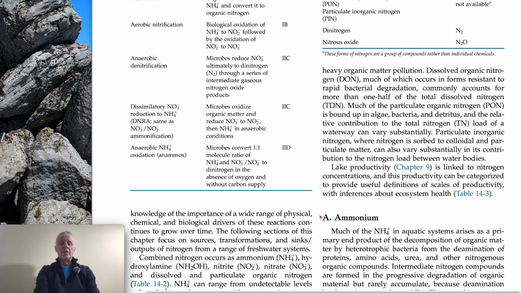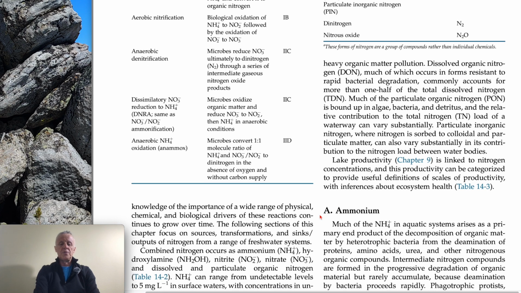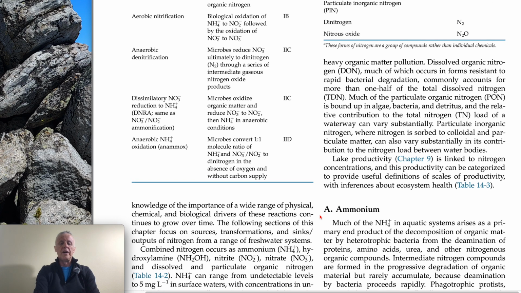Dissolved organic nitrogen, DON, much of which occurs in forms resistant to rapid bacterial degradation, commonly accounts for more than 1/2 of the total dissolved nitrogen, or TDN. Much of the particulate organic nitrogen, PON, is bound up in algae, bacteria, and detritus, and the relative contribution to the total nitrogen, TN, load of a waterway can vary substantially.